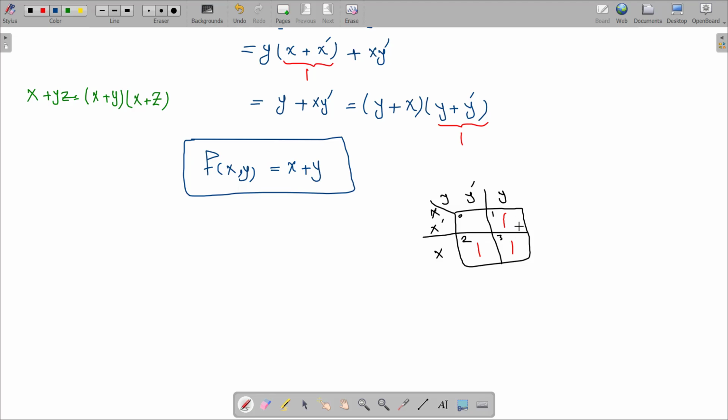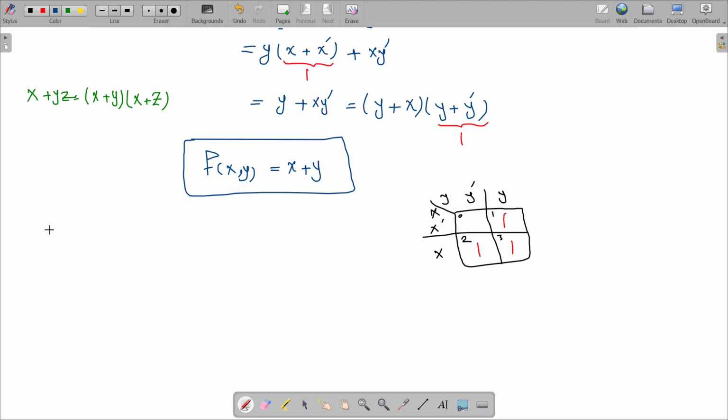If the ones are vertically or horizontally beside each other, these are neighbors. Minterm 2 and minterm 3 are neighbors. Minterms 1 and 3 are neighbors. But diagonal ones are not neighbors with each other.